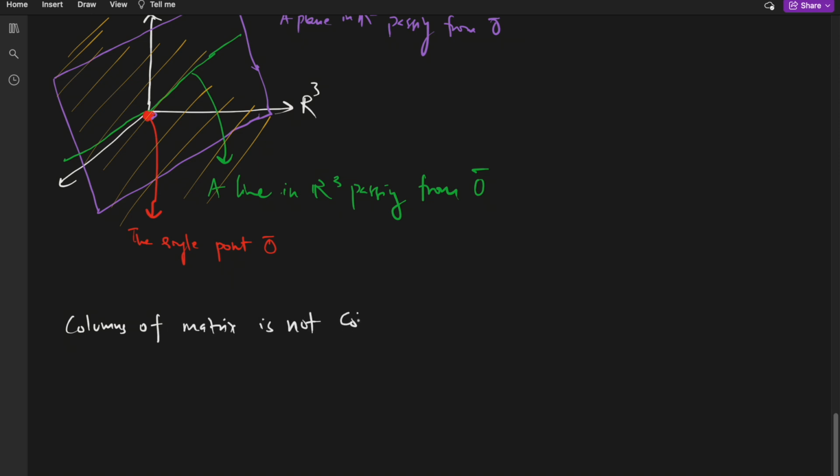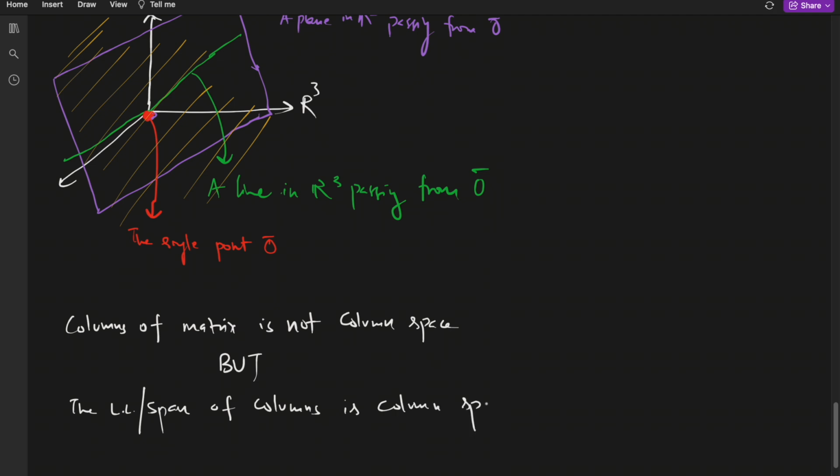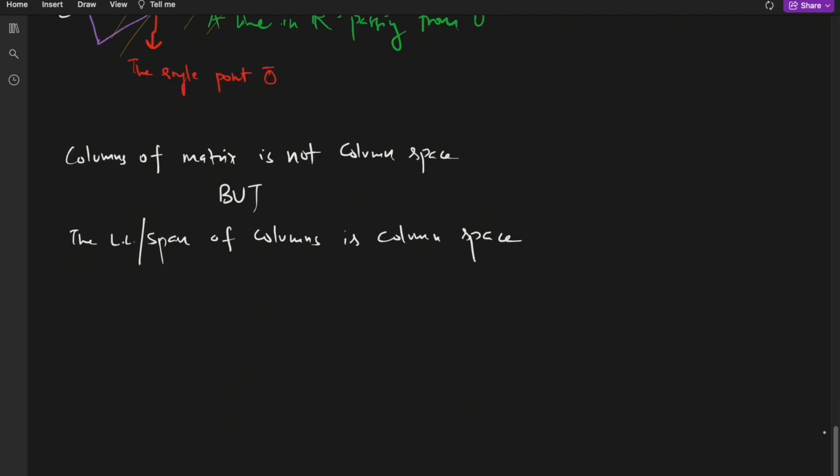All right, and column space is a subspace.